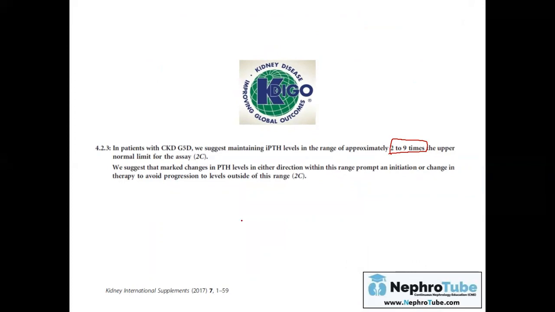We depend mainly on the trend. What is meant by trend? The progression of the PTH level. What is the PTH level of this patient in this lab test in comparison to previous lab results?